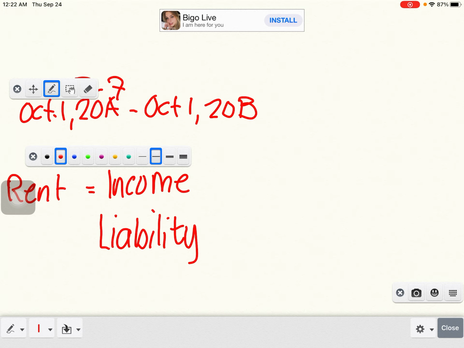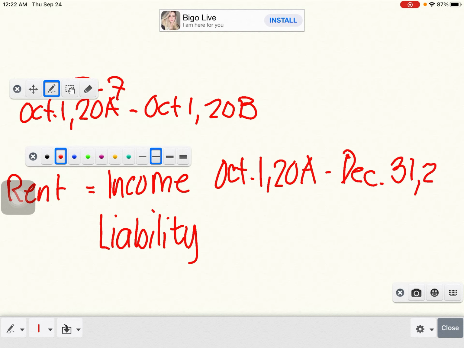So for the income portion, meaning that's good for that year. The accounting period ends on December 31. So the income for that year starts from October 1, 20A until December 31, 20A.